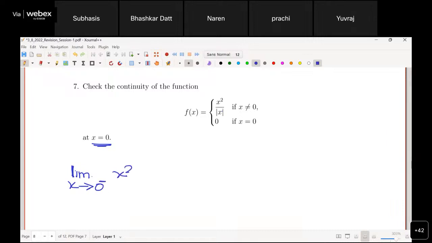This is x squared by mod x, right? We are coming to 0 from the left hand side of 0, which means the value of x is negative.